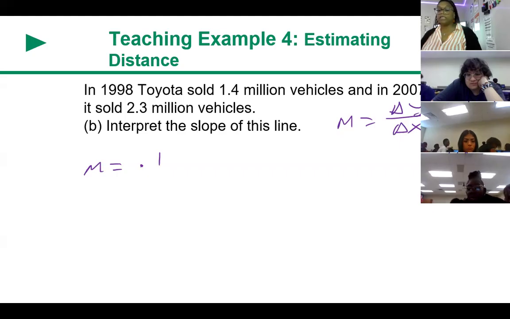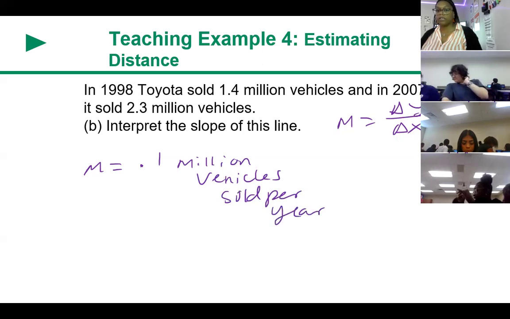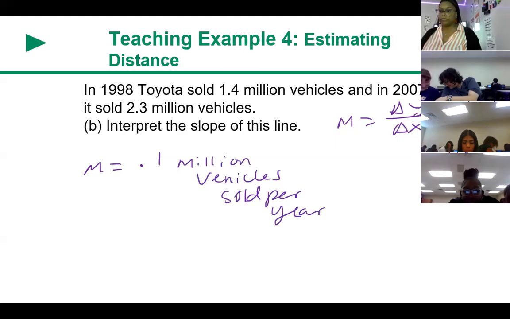So when we interpret this, this is what you're saying: I have 0.1 million vehicles sold per year. So that's what it means to interpret. Interpreting means you're going to identify what the change in your y represents over the change in your x.